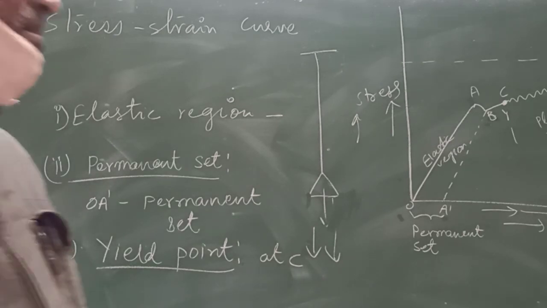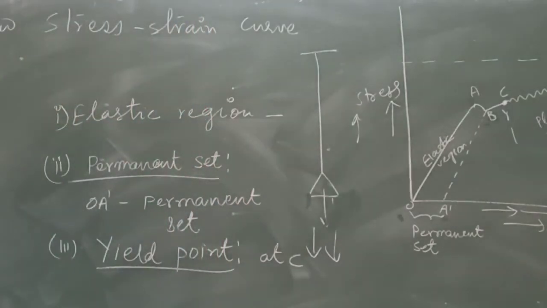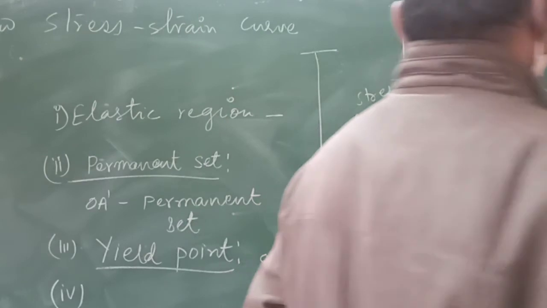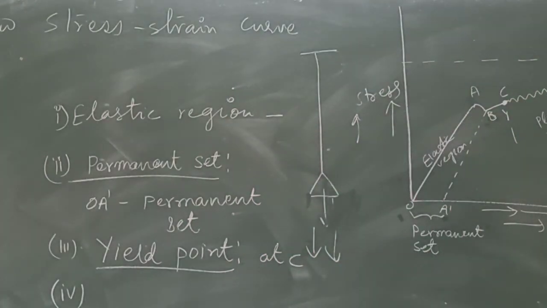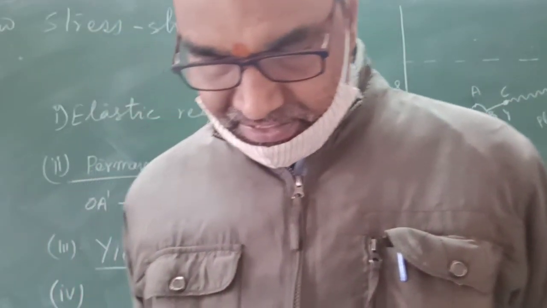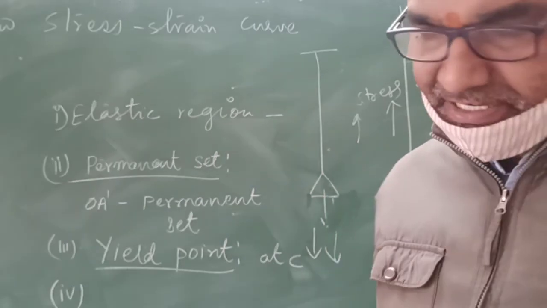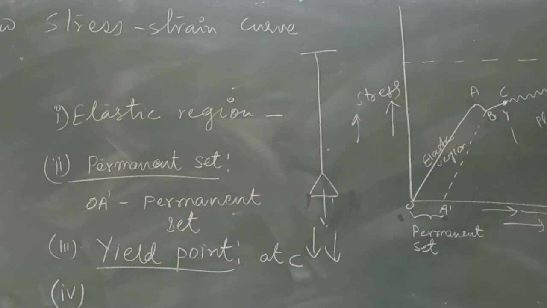Then again load is applied, again stress is applied. The wire develops a waist or neck or constriction, and then finally the wire will break down at this point D or E, and such a point is known as breaking stress.